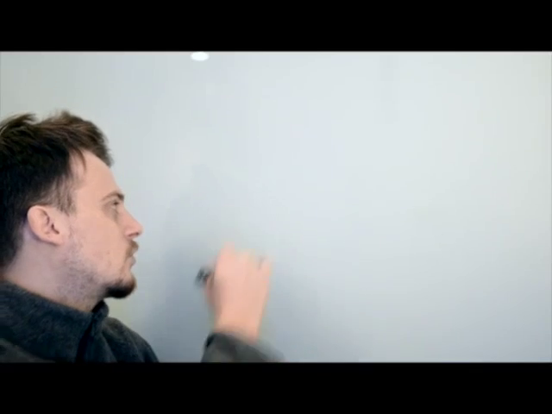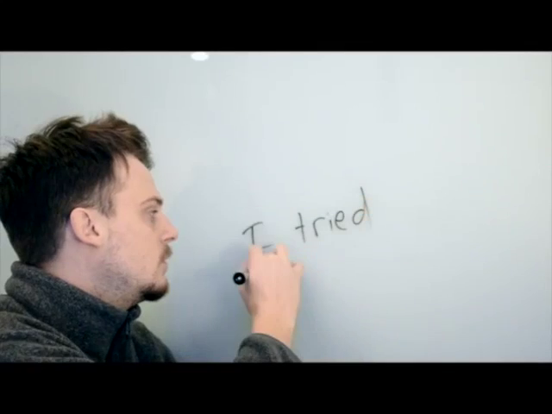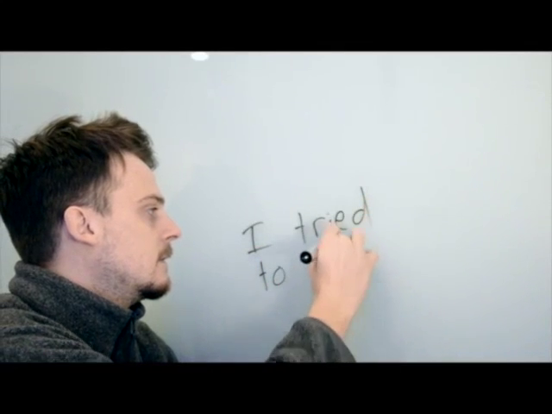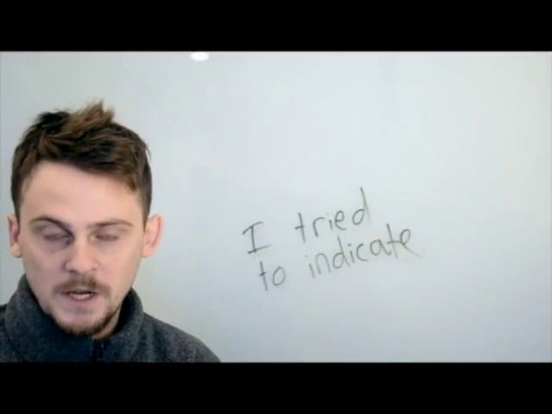Here's another sentence. I tried to indicate that I was willing to help, but you didn't notice. So this is kind of like point at, but not quite the same. First, I tried to indicate. So maybe you say that you need help about something.